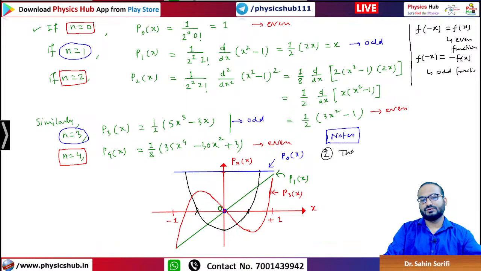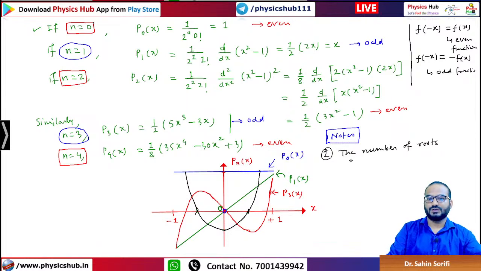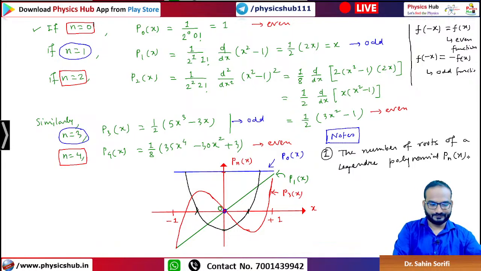The number of roots means the values of x for which this Pn of x becomes 0, those are called roots. So the number of roots of a Legendre polynomial Pn of x.